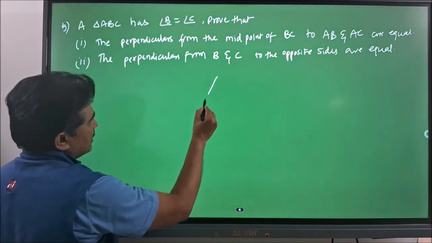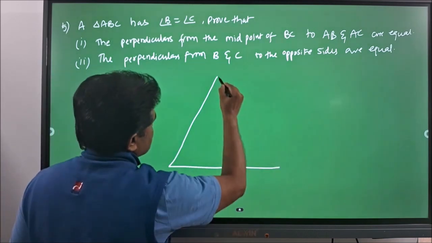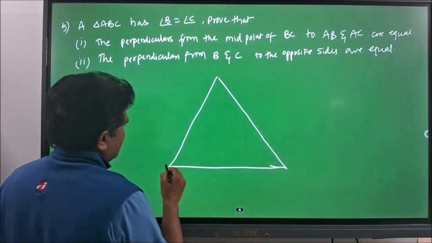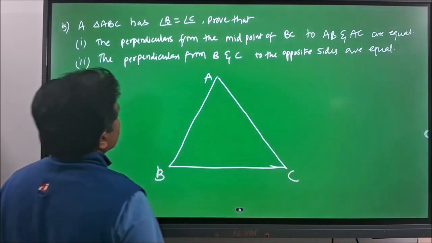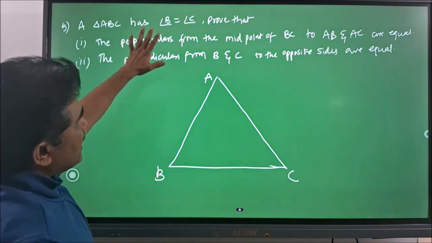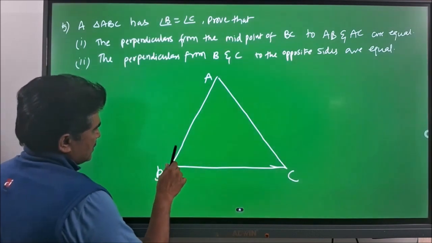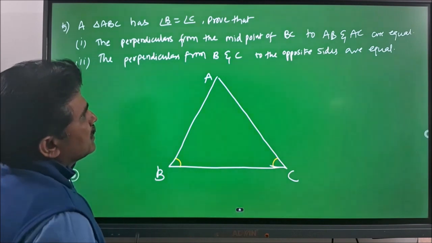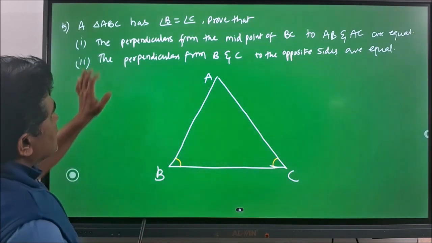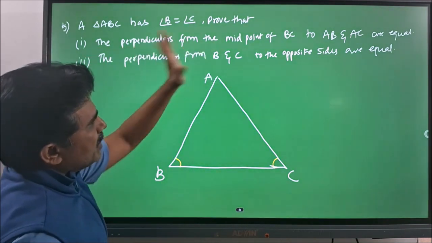Let's draw the triangle here. So this is the triangle ABC, and it is given that angle B is equal to angle C. So here the angles B and C are the same, and we need to prove that the perpendiculars from the midpoint of BC.